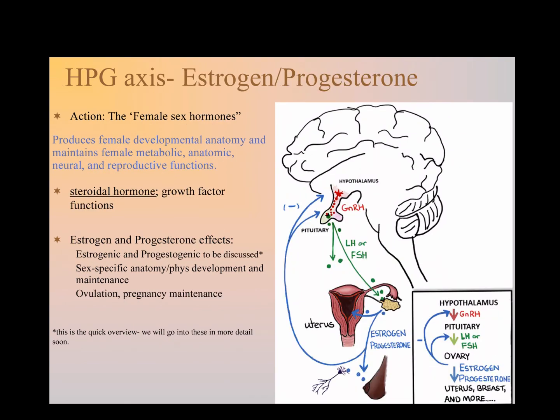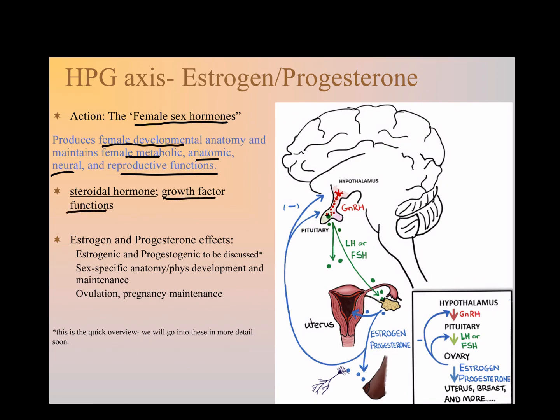For the HPG axis for the female sex hormones, estrogen and progesterone, those are going to produce sex-related female developmental anatomy. They're going to maintain female metabolic, anatomic, neural, and reproductive functions, just as we saw with the male sex hormones. So again, steroidal hormone, very closely related to testosterone, and growth factor functions.